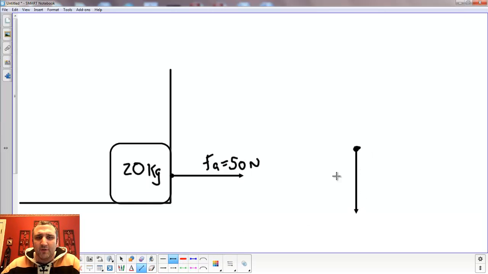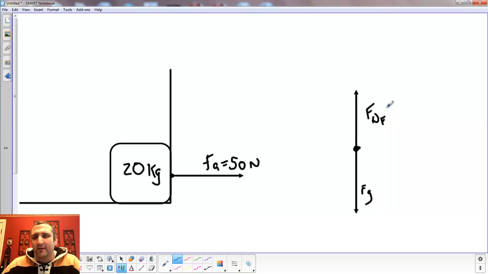We're going to have one going down, and that is from the force of gravity. We are going to have counteracting that one going up, and that is going to be from the normal force from the floor. And I just call it FNF for the floor.